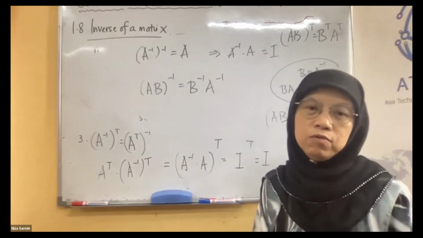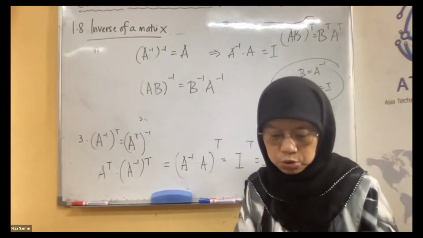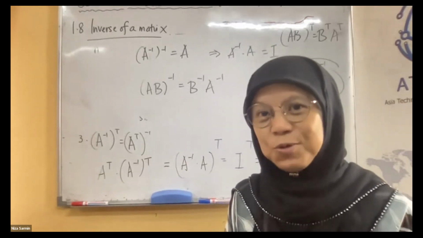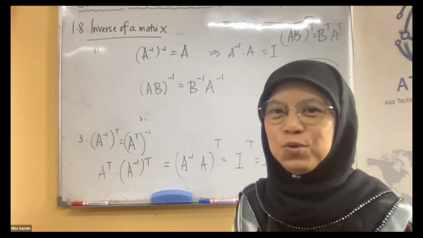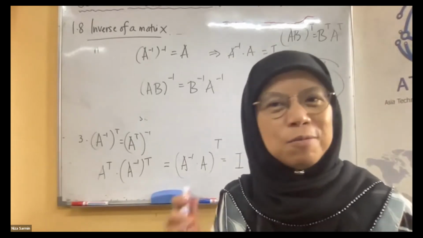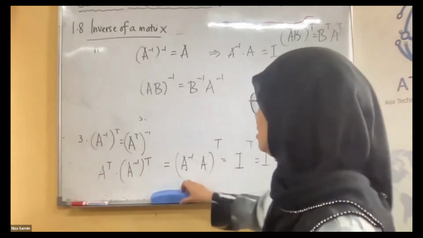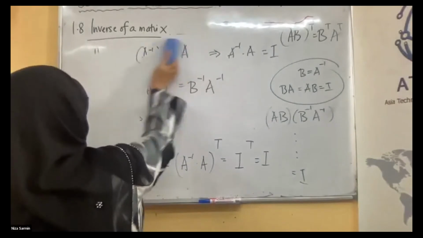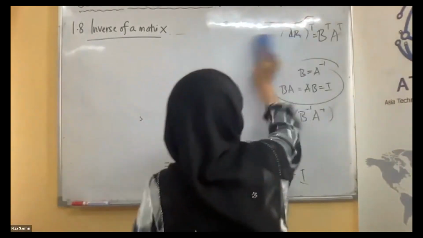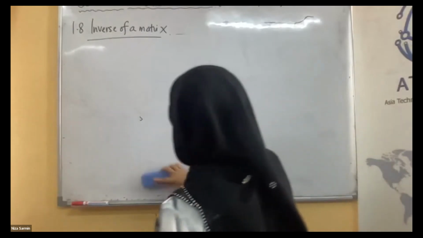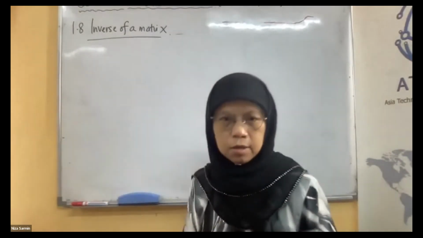But first we want to find the inverse using elementary row operations. That's what I said: if you cannot do row operations, you cannot pass the class. You have to master your row operations. So how do you find the inverse? Any question before that?